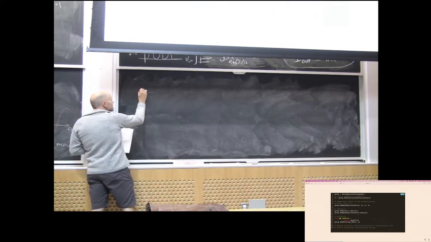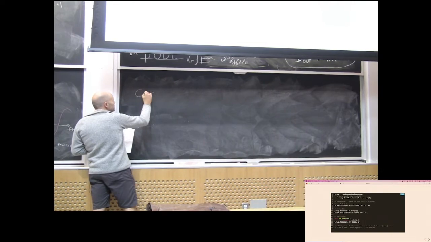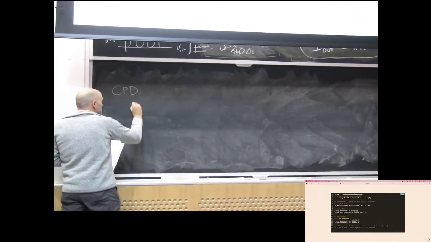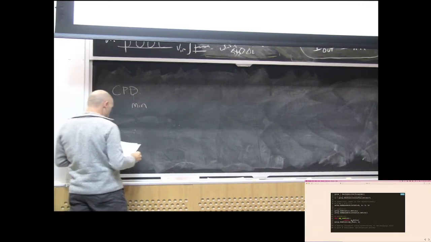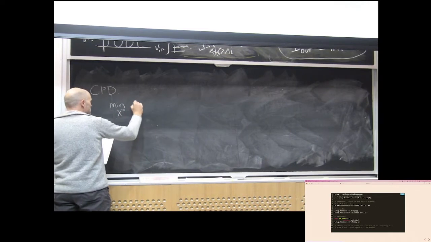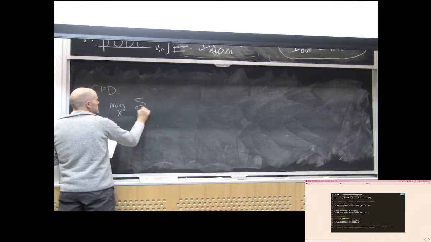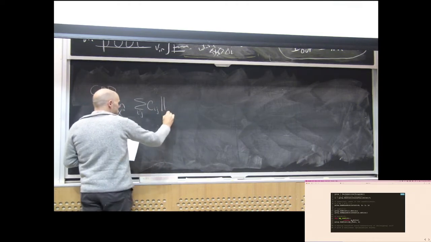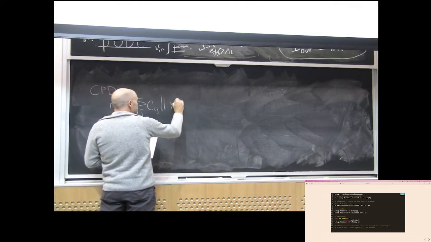For instance, when we talked about the coherent point drift, CPD, last time, my claim was that it was minimizing over some pose, some function like this, right?